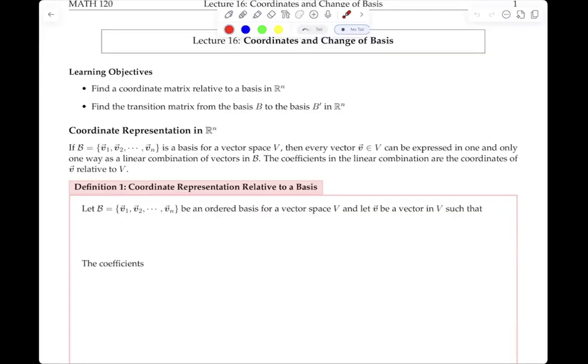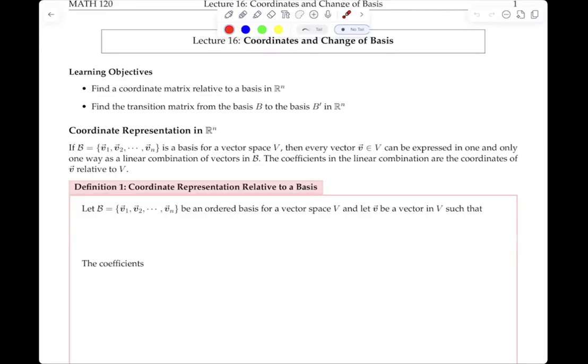The statement of the theorem says that vector V can be expressed in one and only one way as a linear combination of vectors in B. We didn't prove this particular statement, but we had examples showing there's a unique solution to the linear combination.